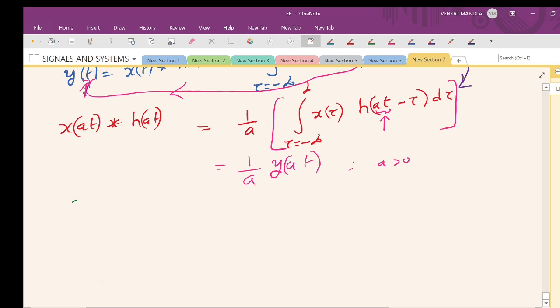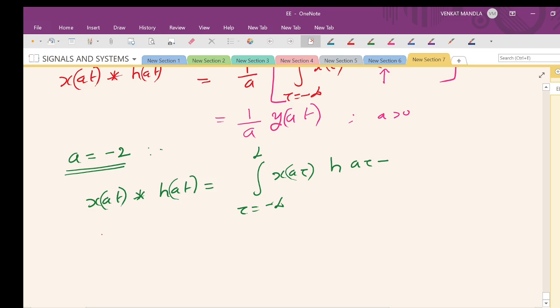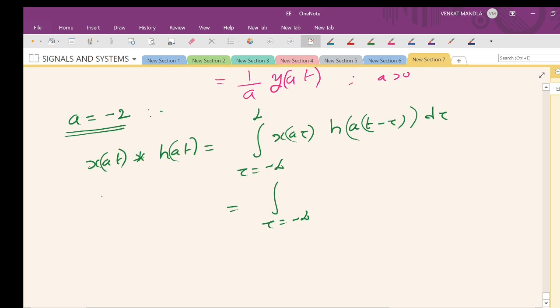Suppose a equals -2. Then x of a t convolution with h of a t equals the integral of tau from -infinity to +infinity x of a tau h of a t minus a tau d tau.